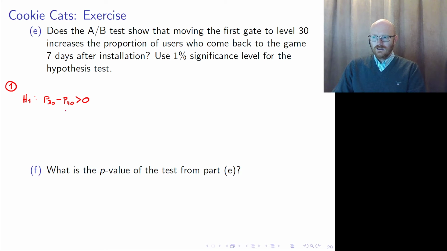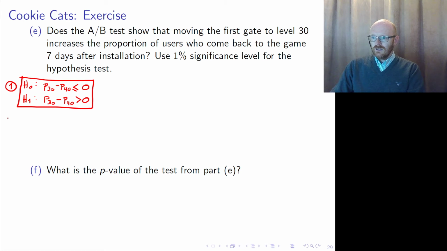If the retention rate for the gate at level 30 is higher, then we want it, because that's what makes us money. The null hypothesis is thus everything else, which means that this difference is less than or equal to 0.